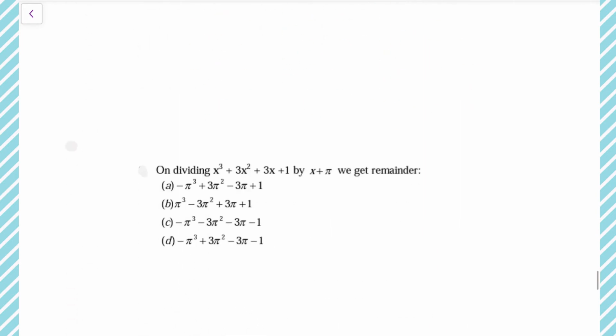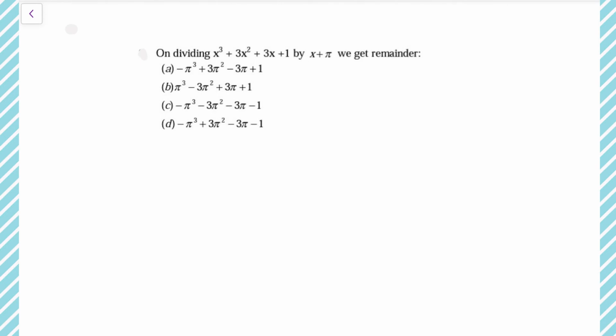Next, on dividing x cube plus 3x square plus 3x plus 1 by x plus pi. Here he is mentioning x plus pi, so we need to substitute minus pi in the place of x. So the question is x cube plus 3x square plus 3x plus 1.